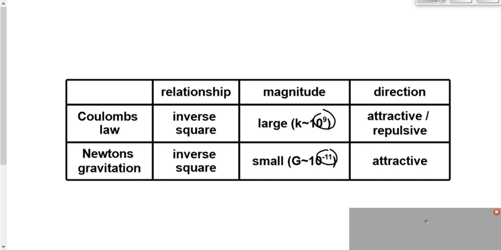Well, electricity can be attractive or repulsive. Gravity can only be attractive. The reason that gravity can only be attractive is because there's only one type of mass, positive mass. Whereas with electricity, there's two types of charge, positive and negative, which leaves open that possibility of both attraction and repulsion.